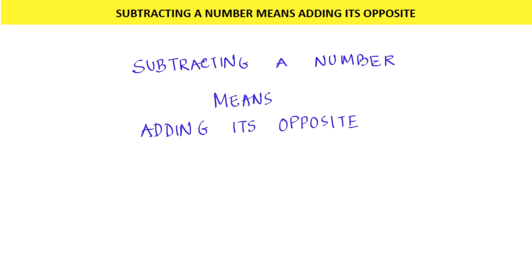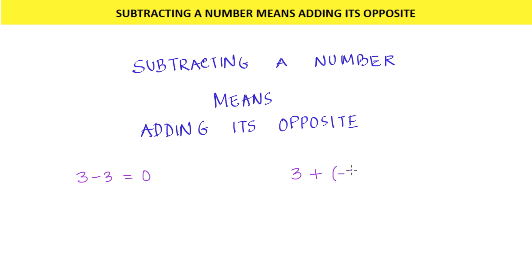Let's take a simple example to see what it means. Let's take 3 minus 3. We all know that 3 minus 3 equals 0. But we have also learned that a number and its opposite, when you add them, it gives you 0, which means 3 plus the opposite of 3, which is negative 3.